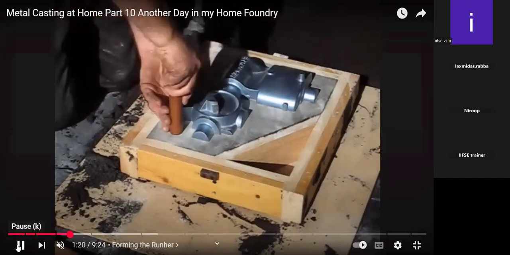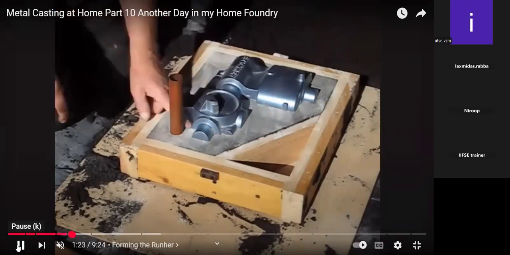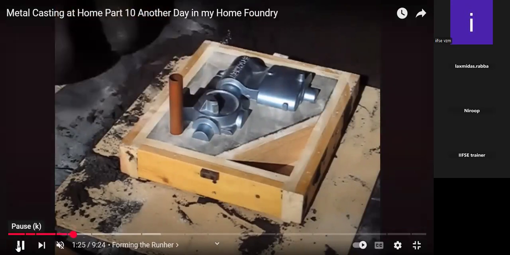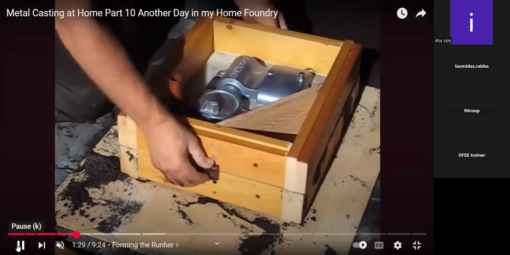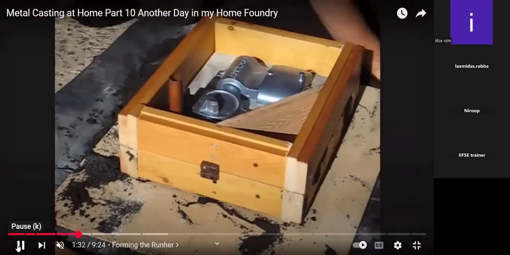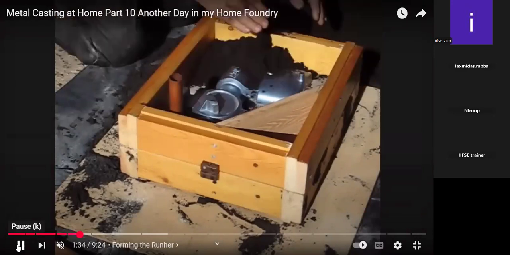He is making a provision to pour the metal. Now he is putting the other part of it. Then he will apply sand over it again.